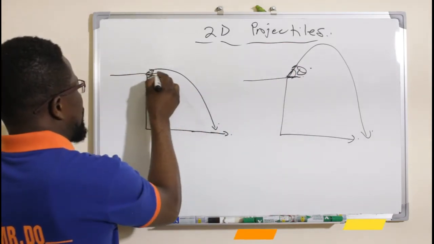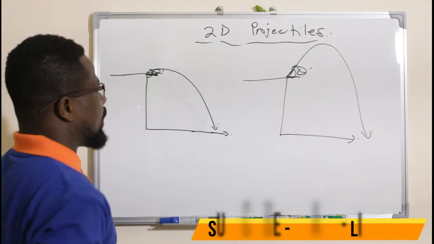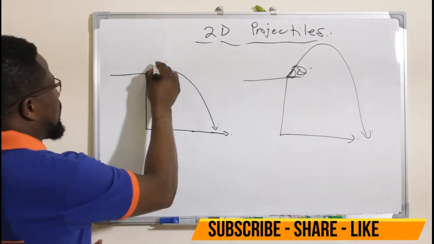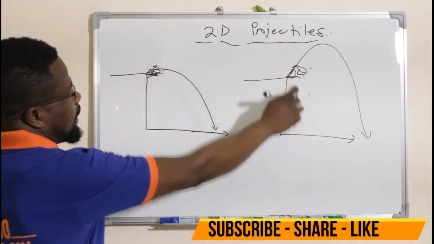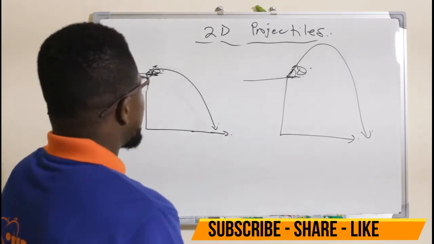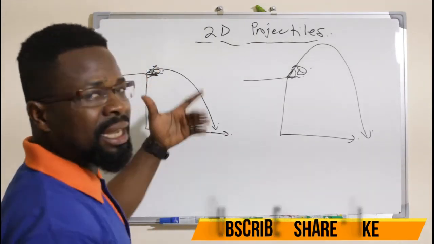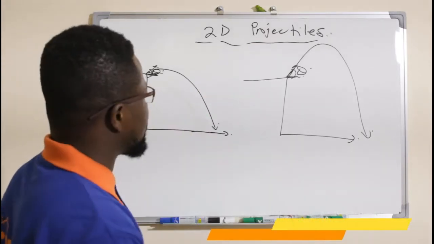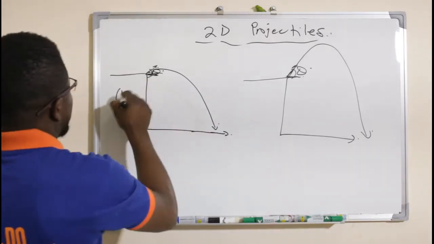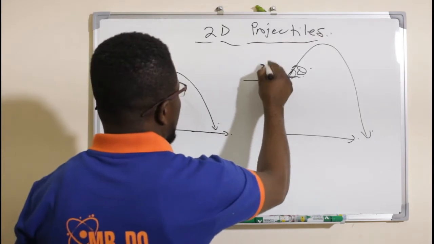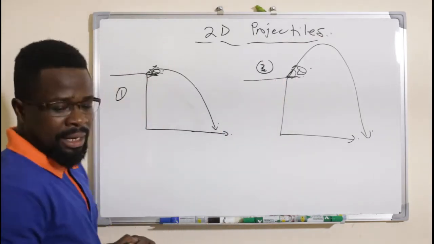The initial velocity is there. Now remember something here: if the object is being dropped, the initial velocity is going to be 0.